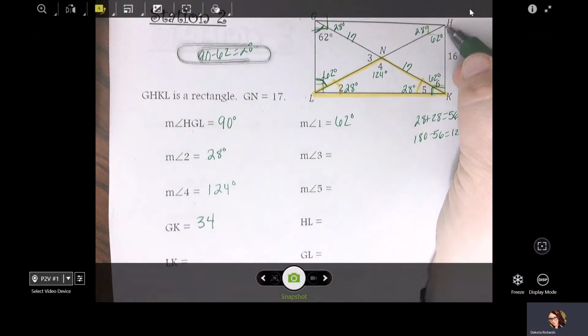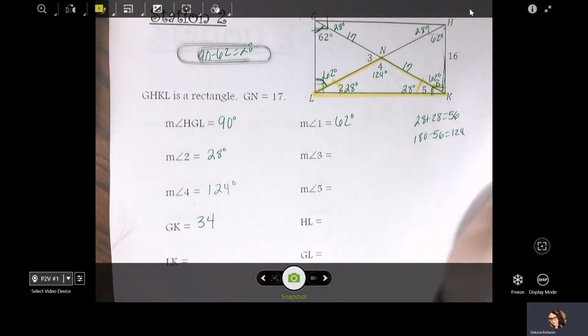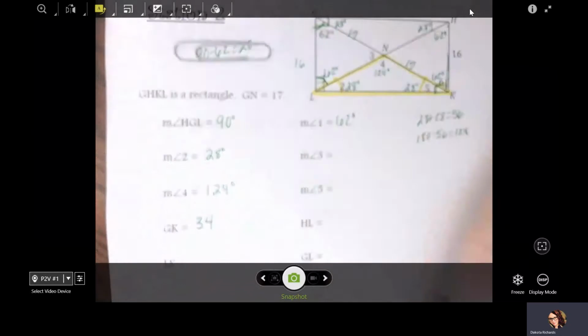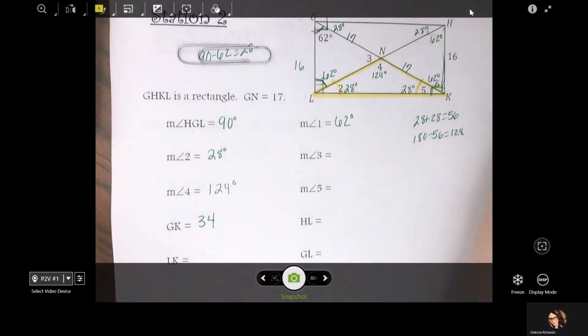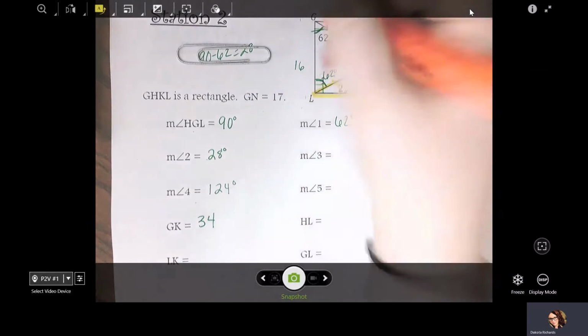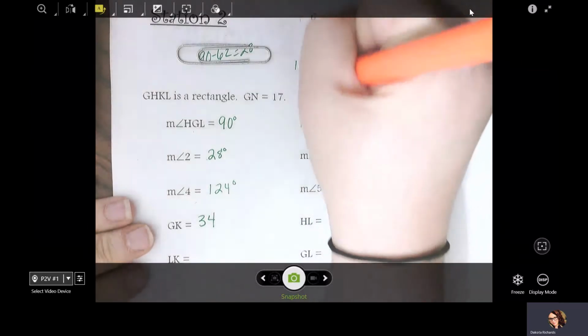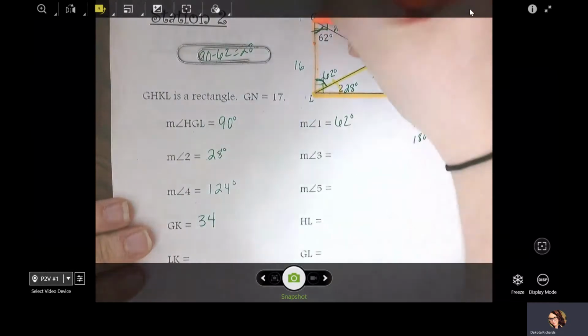You know this side is 16. You know this side is 16. And we know, let me get my highlighter. It's going to be easier to see. I'm going to get the orange one. I'm going to look at this big right triangle right here.